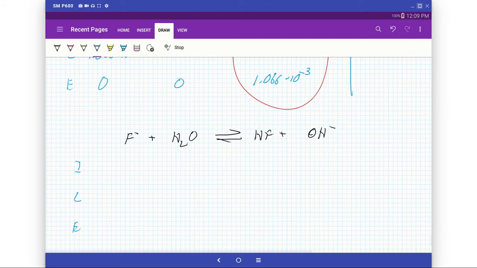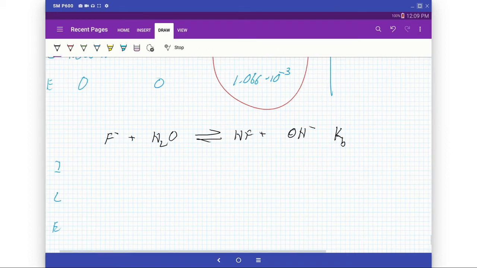Now, here, we do need a Kb value, and I'm just going to give you the Kb value. It is 1.5 times 10 to the minus 11 moles per liter.